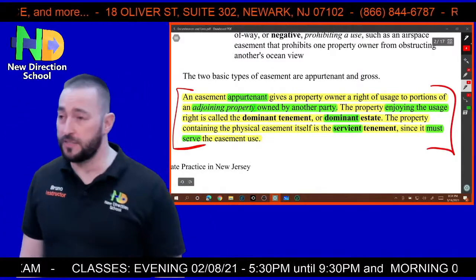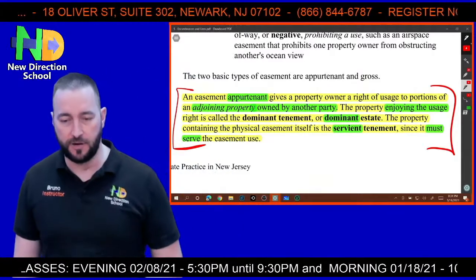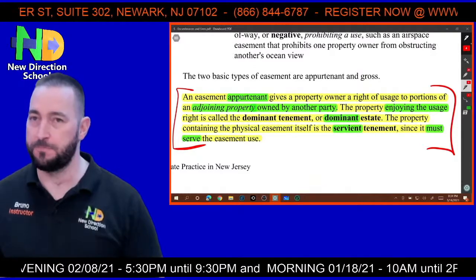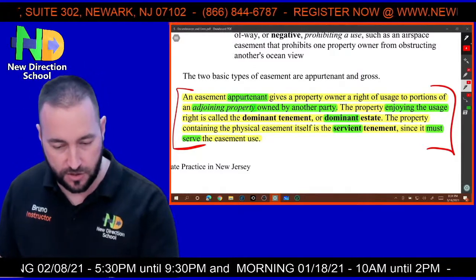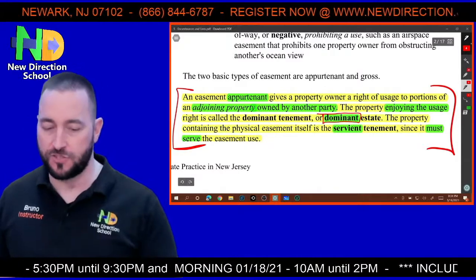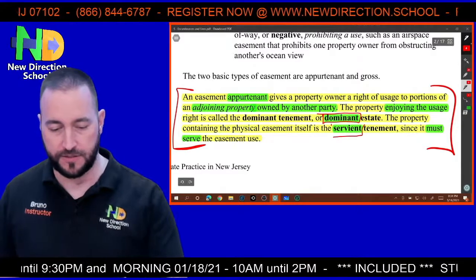Easement appurtenant means there are two properties together. They're adjoined properties owned by different parties. The one that's enjoying the usage, the one that's benefiting from the usage, is called dominant. The one that must serve or allow the use is the servient.